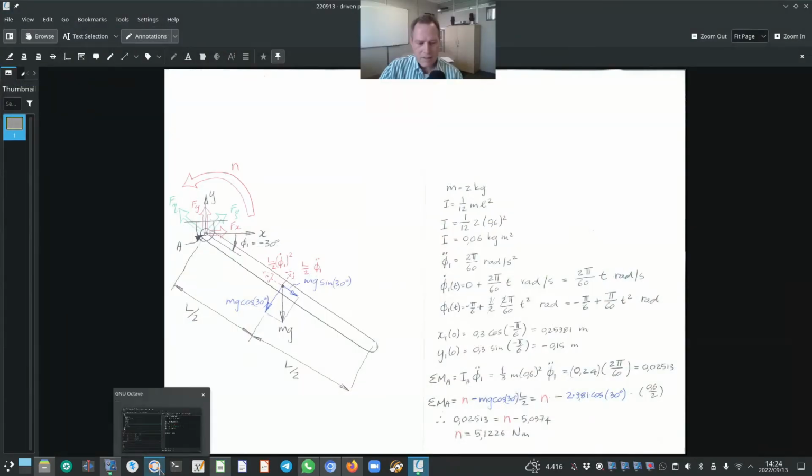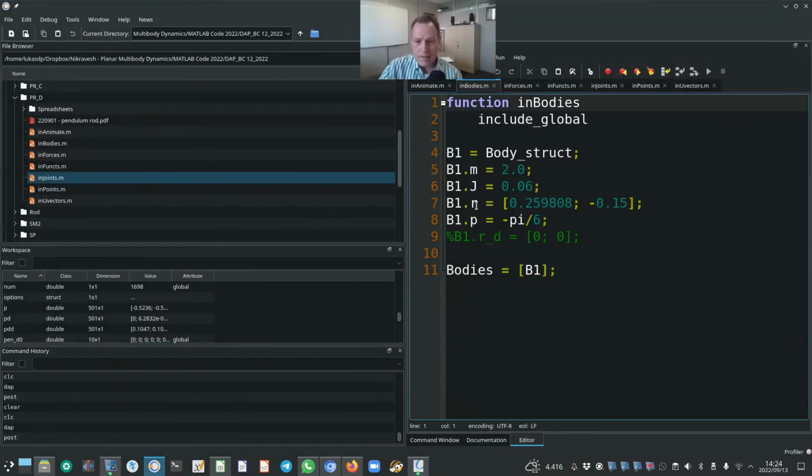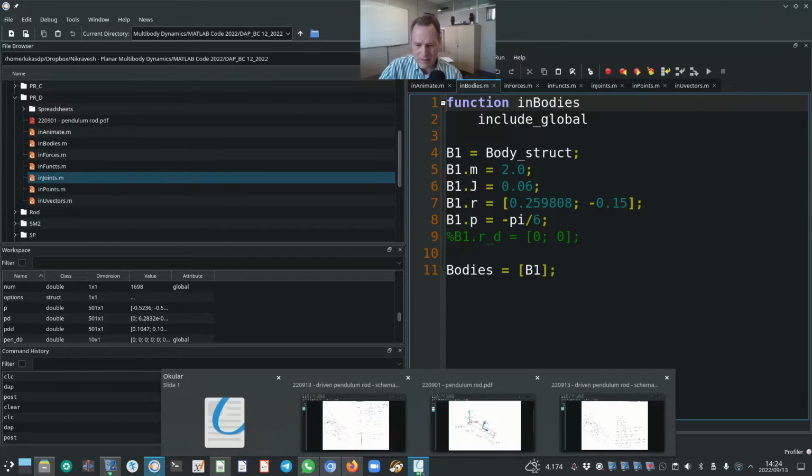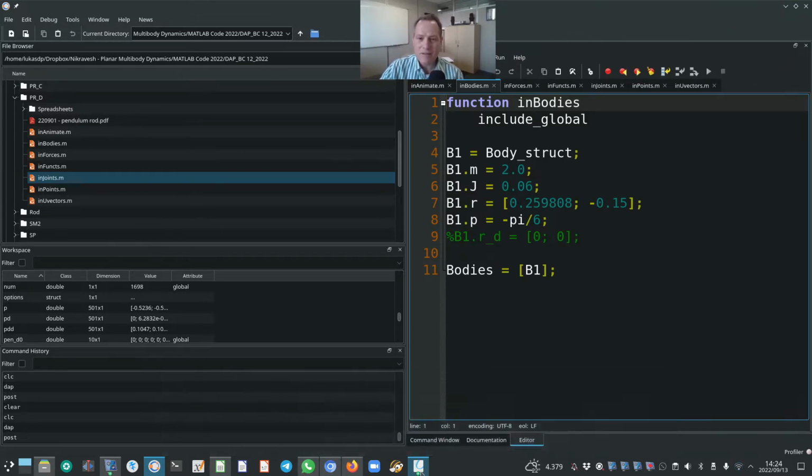Right, so the initial position for body 1, that's in meters, 0.2598 in the x direction, minus 0.15, and the initial orientation minus pi over 6, or minus 30 degrees. Okay, and I showed in lecture 2 using CAD how we could find those coordinates.